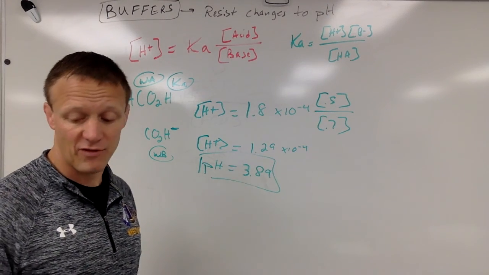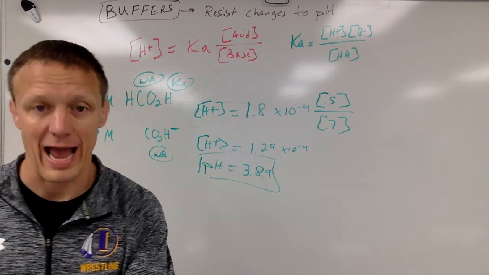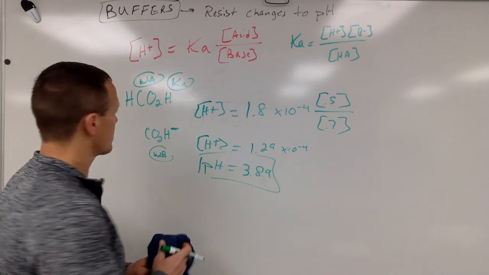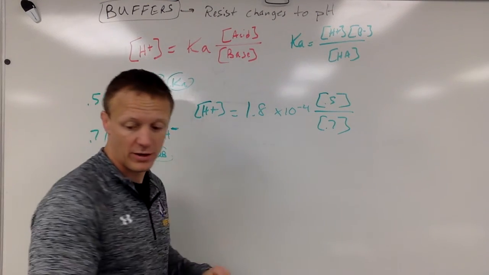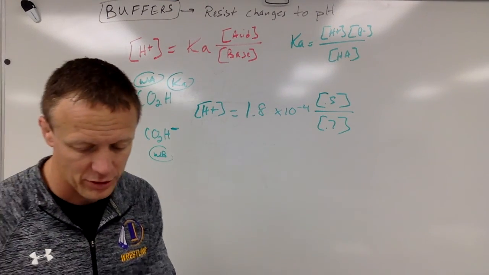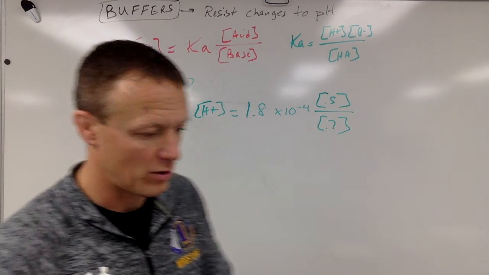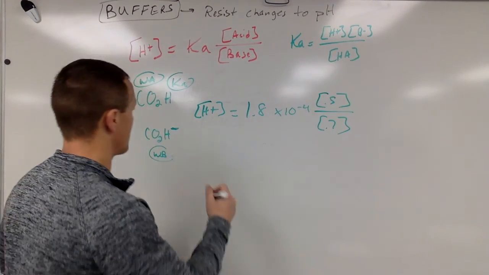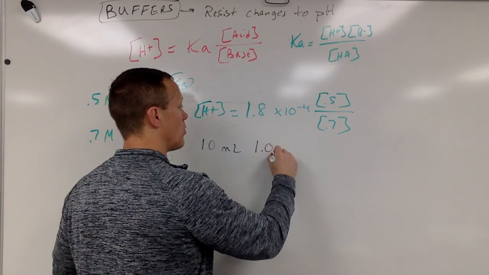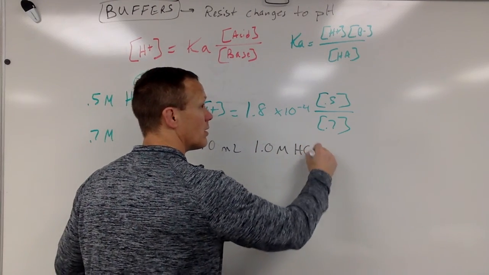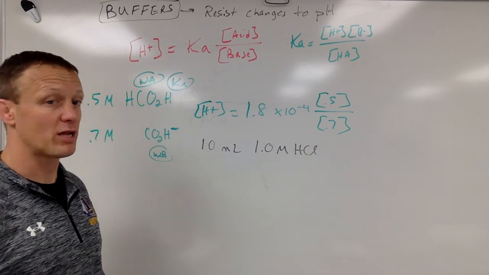Now I want to say, what happens if we add some hydrochloric acid to this mixture? Okay, so let's say that we add a little bit of HCl. And what they're adding is 10 milliliters of 1 molar HCl. So we're adding H plus ions in there.